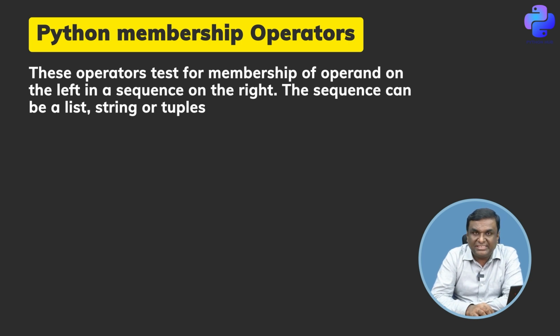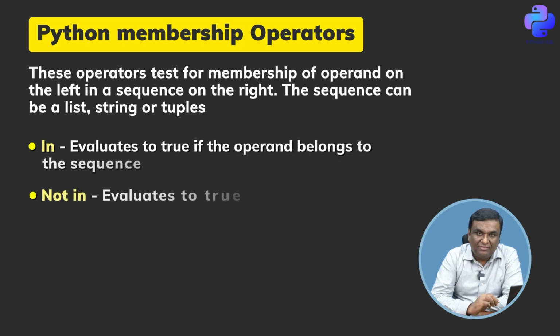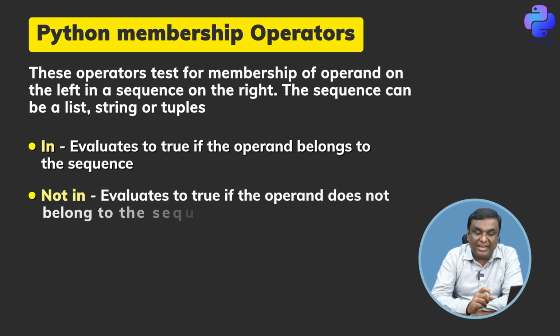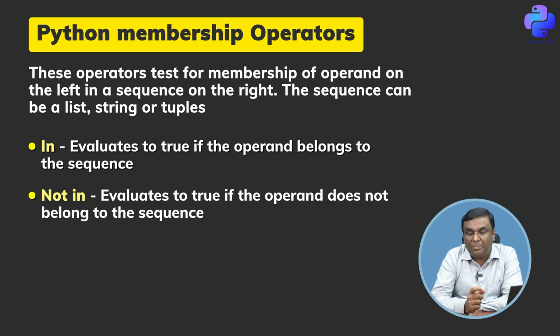So the operators here are in and not in. When we say in, it evaluates to true if the operand belongs to the sequence. Not in will return true if the operand does not belong to the sequence. So this membership operation is primarily to check whether they are in the sequence or not.